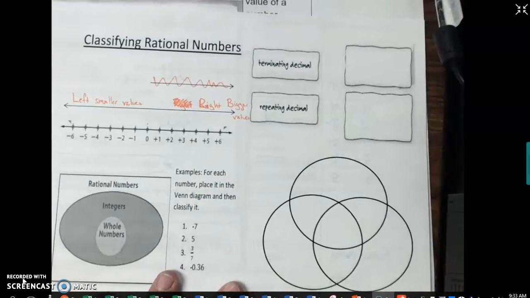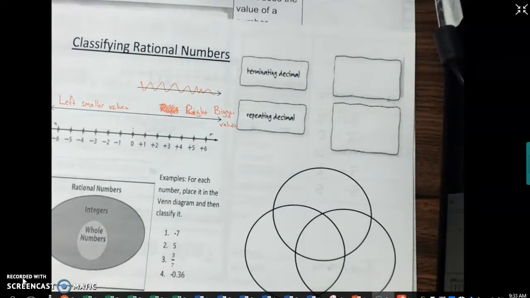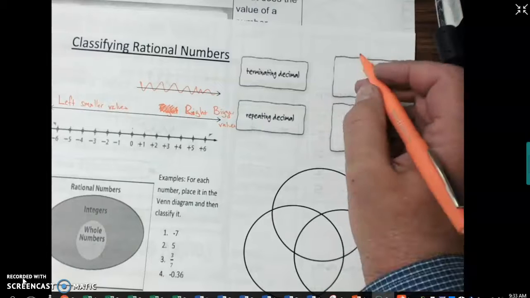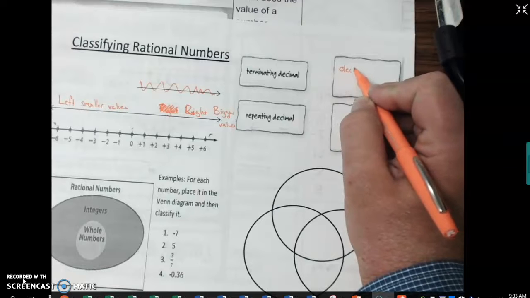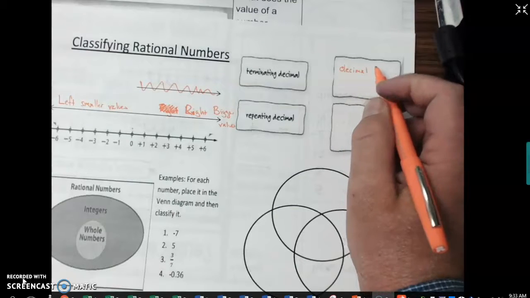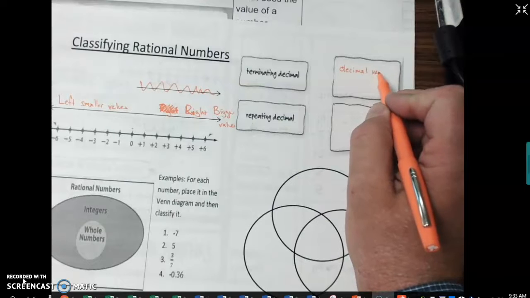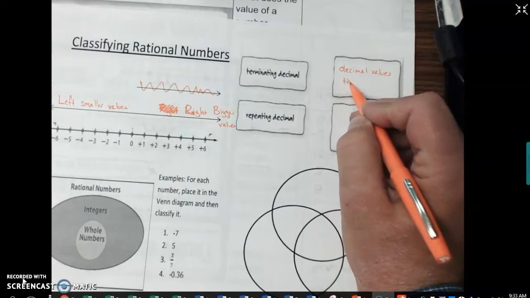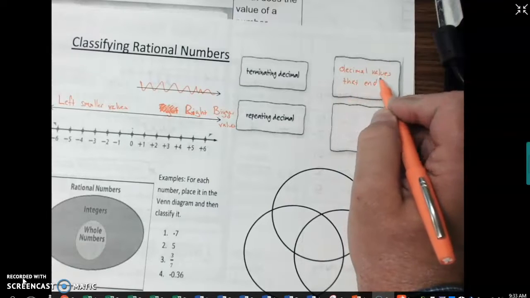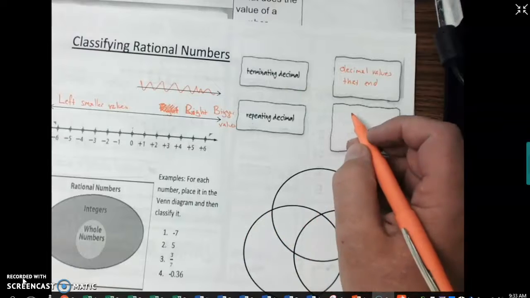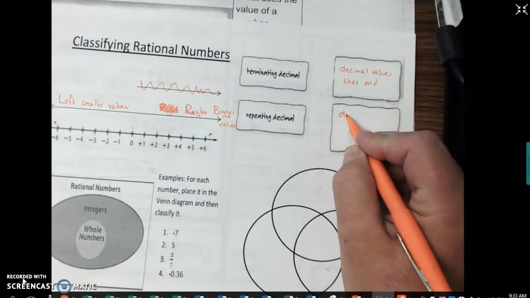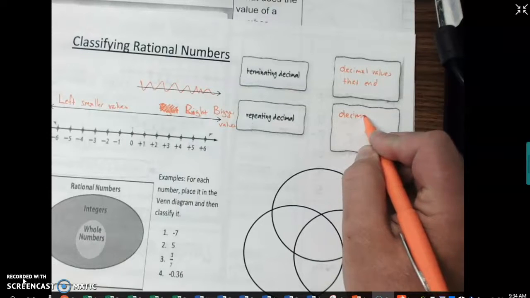Okay. Terminating decimal. Somebody tell me what that is. Eli. Okay. Decimal values that end. And I like that you said they don't have a remainder. So when you are dividing numerator by denominator, you wind up with 0 as your remainder. Somebody tell me what a repeating decimal is. Yes, ma'am. Yes, it is.